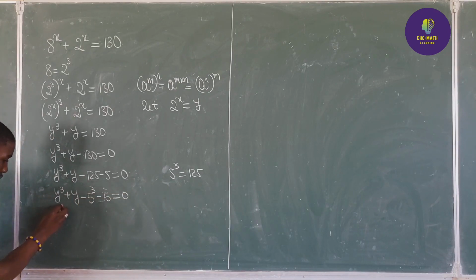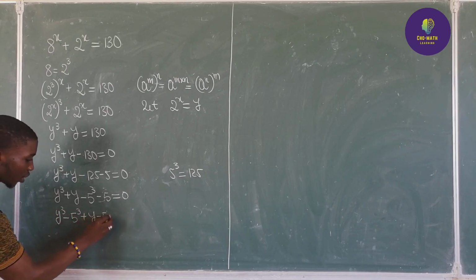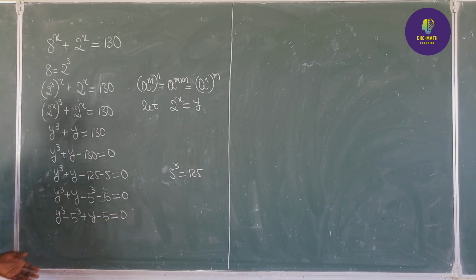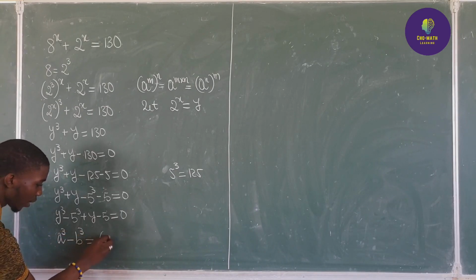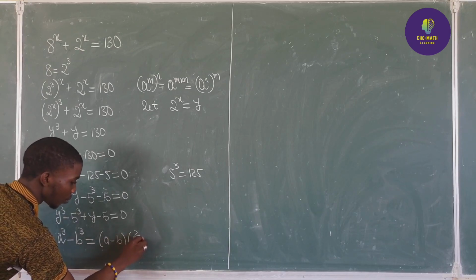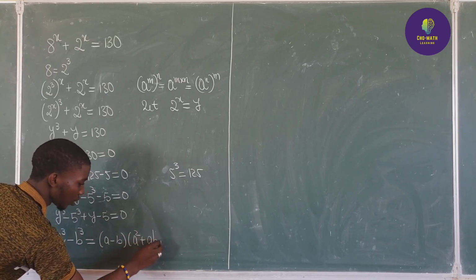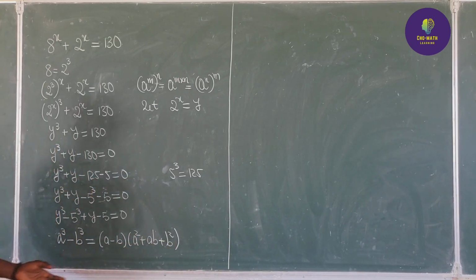I'll send this 5 cubed here, that's y cubed minus 5 cubed plus y minus 5 will be equal to 0. We know that if we have a to the power 3 minus b to the power 3, this is equal to a minus b into a squared plus ab plus b squared. We're going to apply this formula here.